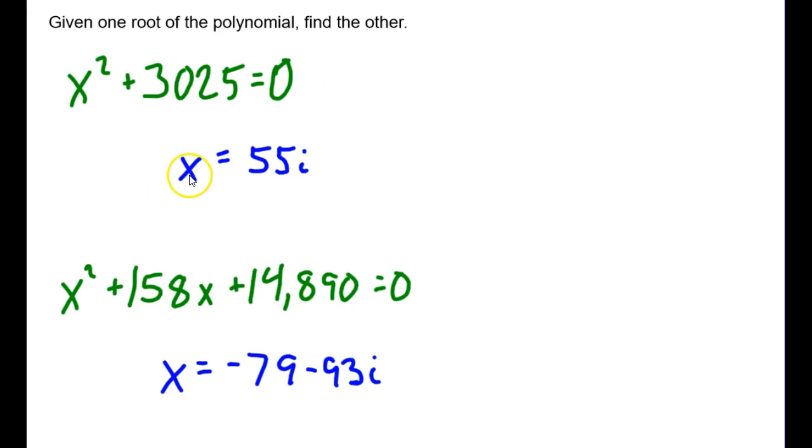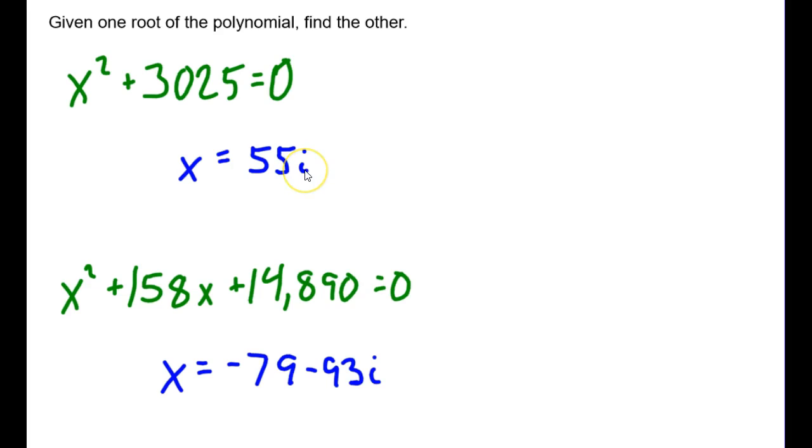We know that one solution is 55i. So as long as we have a polynomial with real number coefficients, which we do, if we know we have one complex solution, 55i, there will also be the complex conjugate of that as a solution. That's what the complex conjugate theorem says.